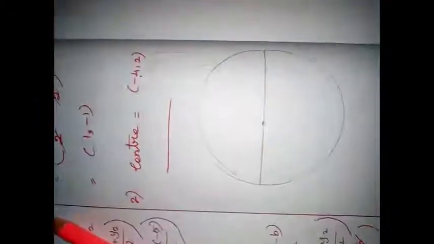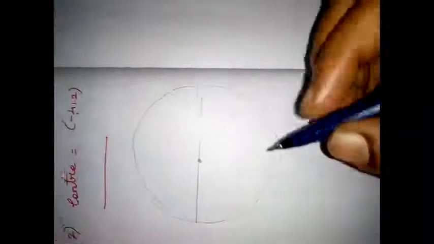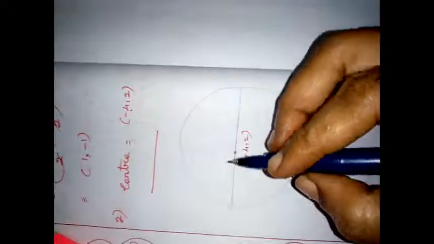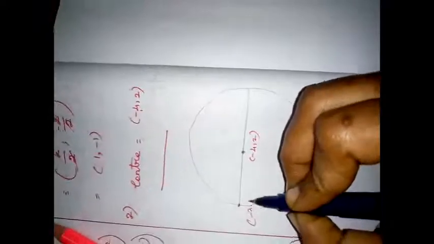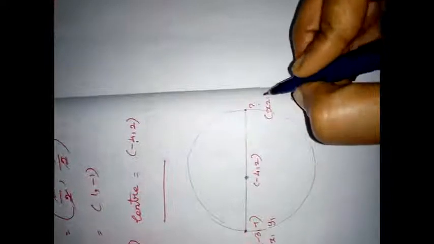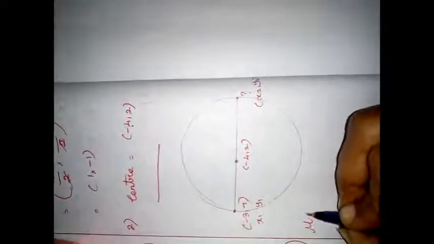Next sum, third sum: in a circle, the center of the circle is (-4, 2), and if one end of the diameter is (-3, 7), we have to find the other end. It means (x1, y1) is (-3, 7). We have to find what is x2 and y2. We have to use the midpoint formula.